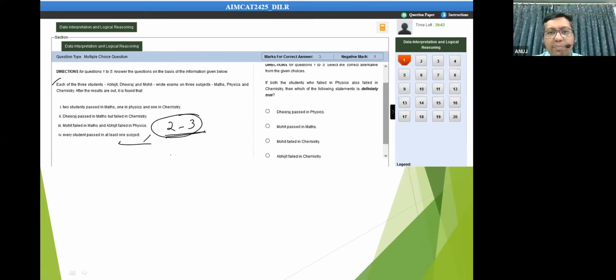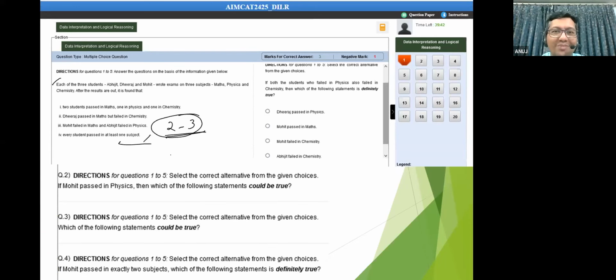The second parameter that you have to look for is the variety of the questions. See, if you observe the questions based on set number 1, it is starting with if, which of the statements could be true, if Mohit, if this, definitely true. That means in the questions also there are internal conditions involved.